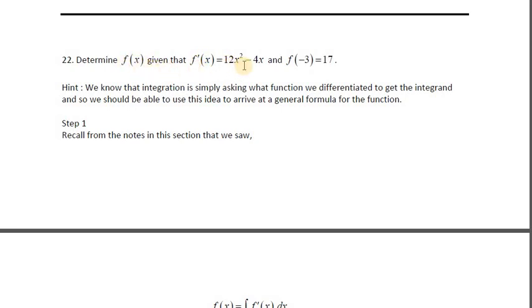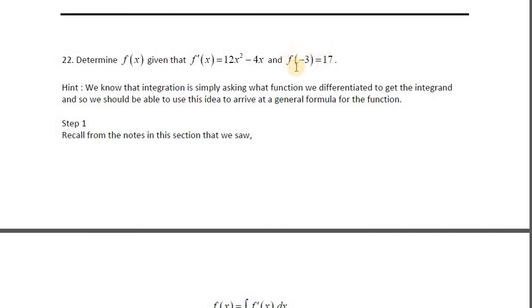But the problem is, if we integrate this one, we get back the function, no doubt, but the result will contain an integration constant. That constant we compulsorily associate, which is compulsory in an indefinite integral, and that constant we have to evaluate here with the help of this condition, f of minus 3 is equal to 17.